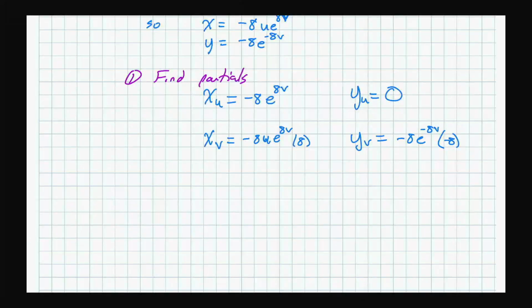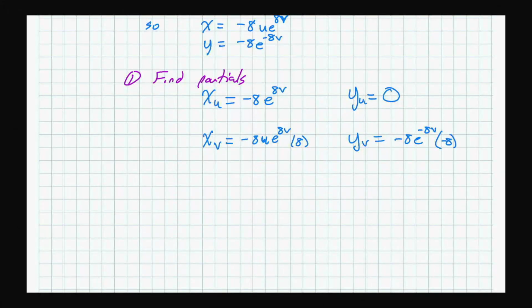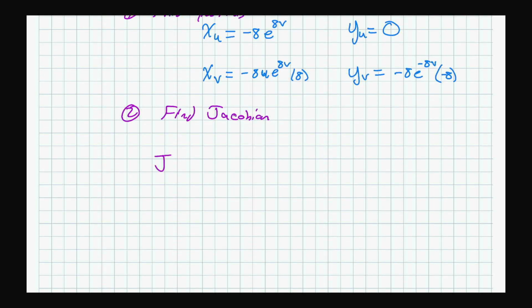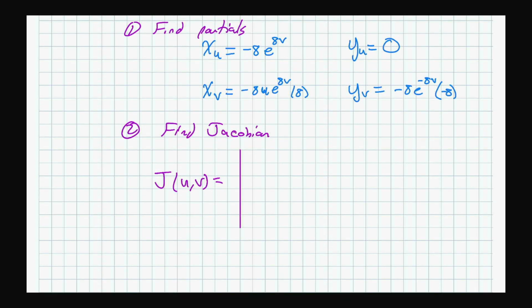Once you find your partials, we're going to use our formula again. So find the Jacobian. J of uv is going to be this determinant, and I wrote them in the right order again. So negative 8 e to the 8v, 0. Wait, did I put them in the wrong place?